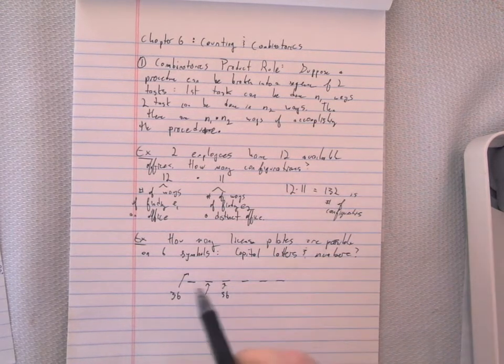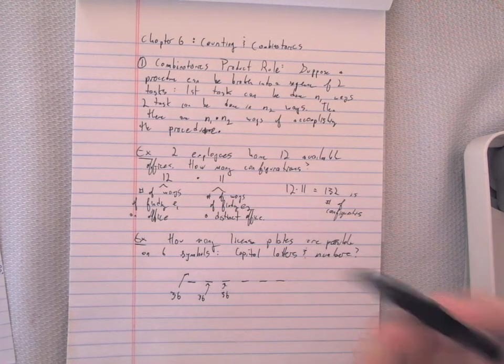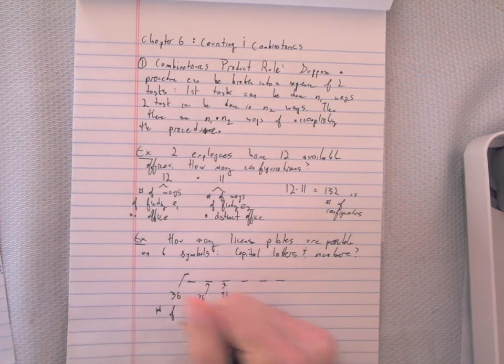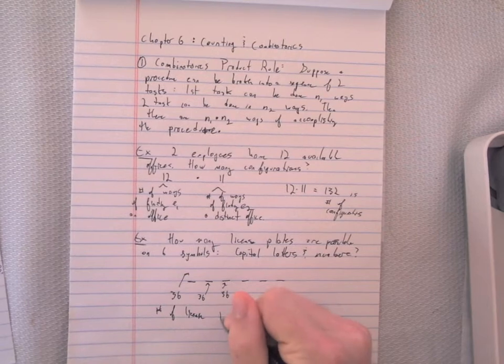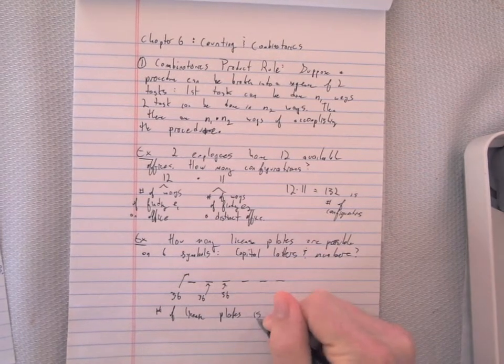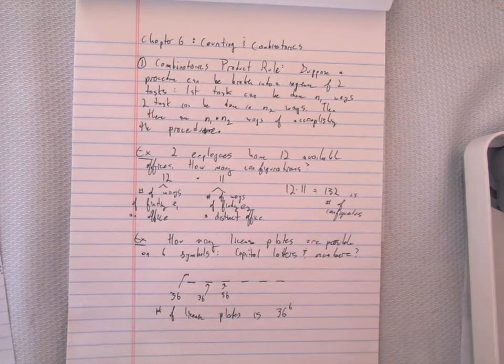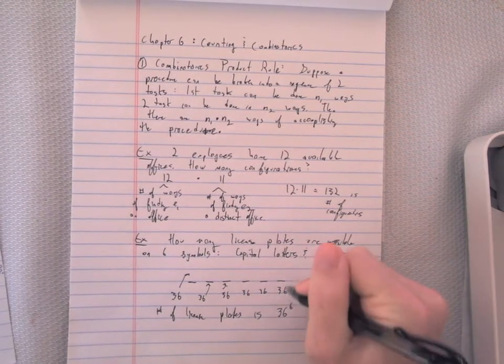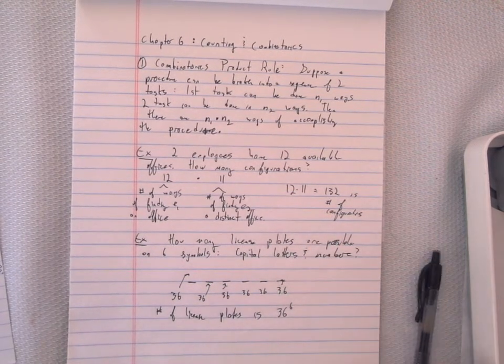There are 36 choices for each slot, and so the number of license plates is 36 to the 6th. 36 choices for each slot, and they don't depend on anything else. Okay, so those are 2 basic examples.